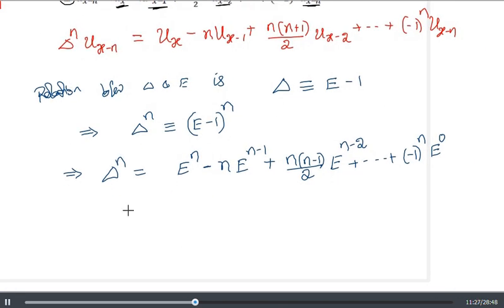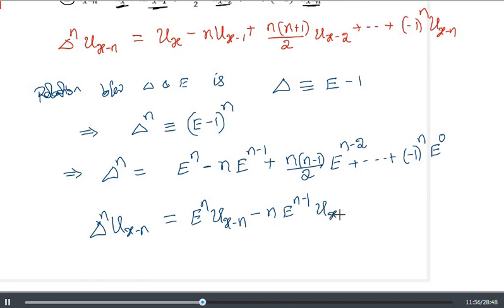Suppose we act it on u of x, I mean delta power n acting on u_(x-n). What can we find here? It's E power n acting on u_(x-n), minus n into E power (n minus 1) acting on u_(x-n), plus and so on, plus (-1) to the power of n into E naught acting on u_(x-n). Let me see the coefficients.